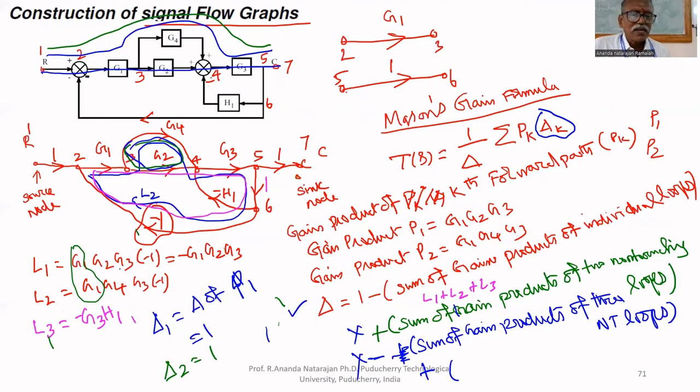If you consider L1 and L3, G3 is common. If you consider L2 and L3, G3 is common. Therefore, they are touching each other. Sometimes they may be touching but there won't be common elements. That is also there. You should be very careful. That's why I'm telling.